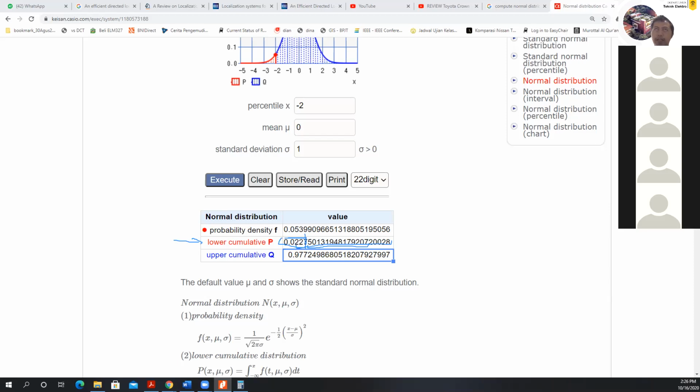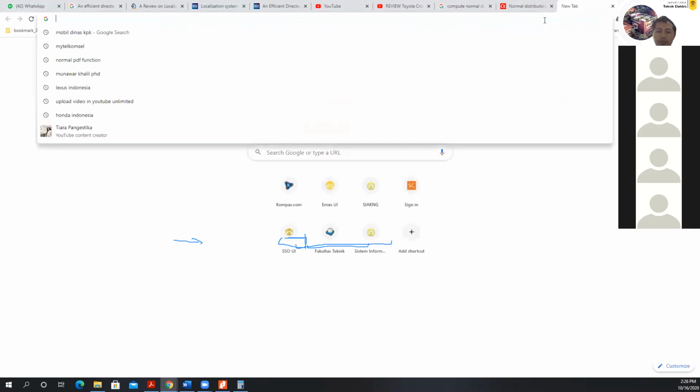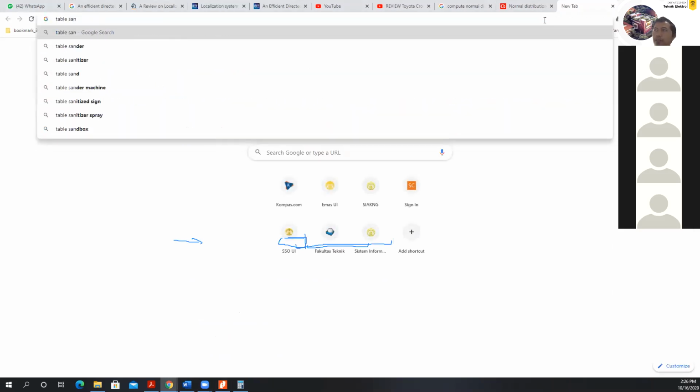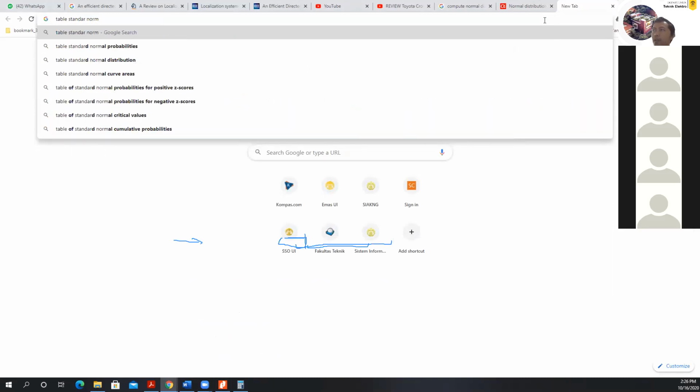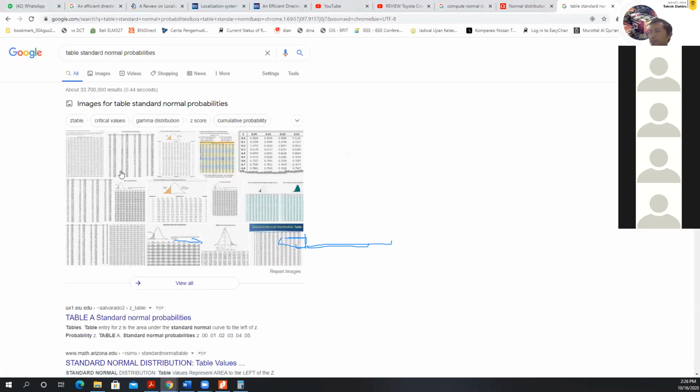And if we have a mirror line here, the left side is always occupied by negative random variables, and the right side is always positive. So this is the standard normal, and from this graph we have a table of standard normal probabilities. Okay.